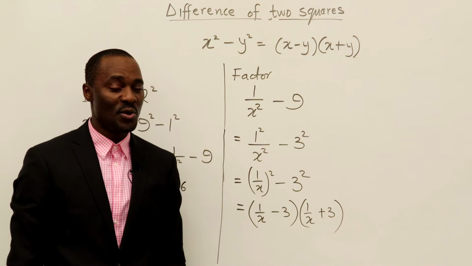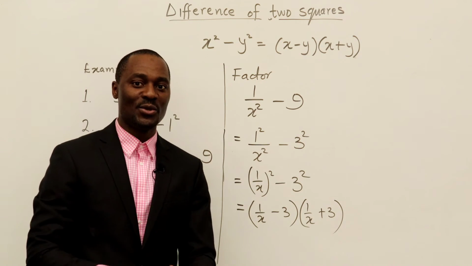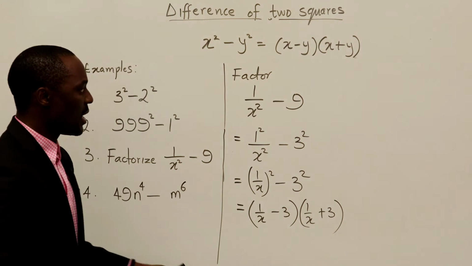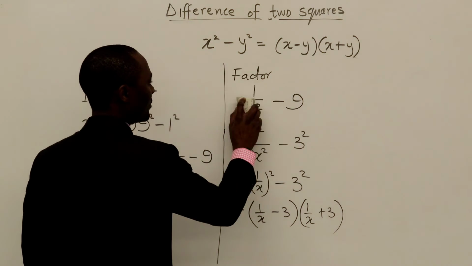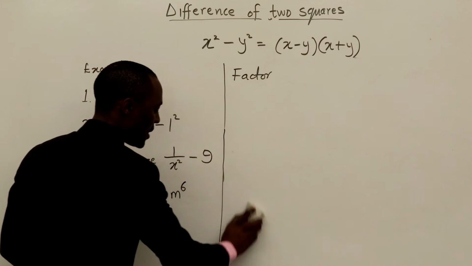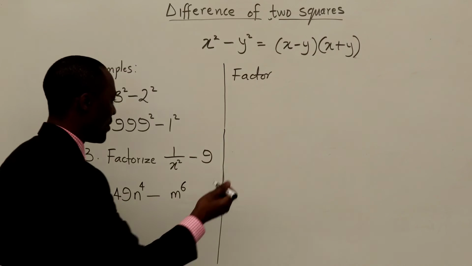Now you know your perfect squares and you know your difference of two squares. So the final question to explain this will be this one. Okay? I'm going to erase this. So the final question says you should factor this. Well, let's write it out.